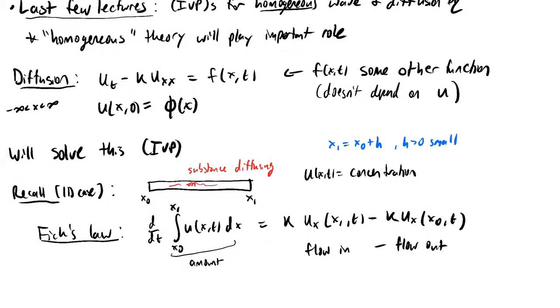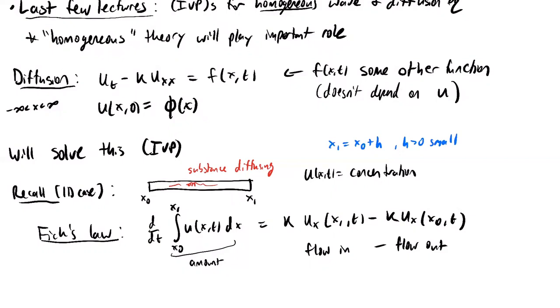Then you can divide by h and take limits, and that's where the PDE comes from. On the right-hand side we have a first-order derivative, but if I take the difference quotient of a first-order derivative and then take limits, you get a second-order derivative, which is where the u_xx will come from. And on the left-hand side, we have a t derivative.